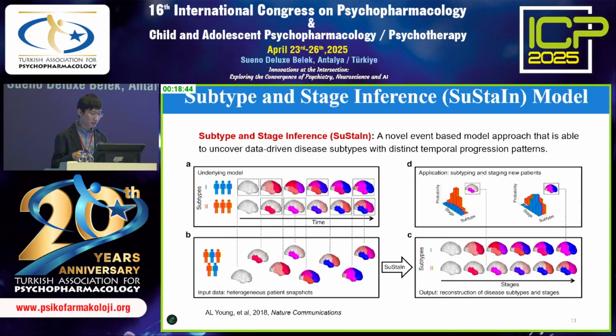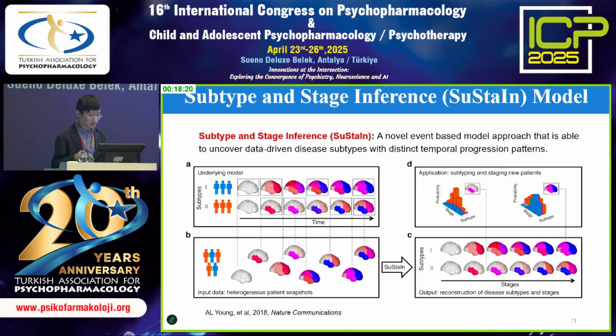We use a newer model called Subtype and Stage Inference, or SuStaIn. It's a new event-based model approach. What is important is that SuStaIn can not only estimate the sequence of brain atrophy, it can also find subtypes.